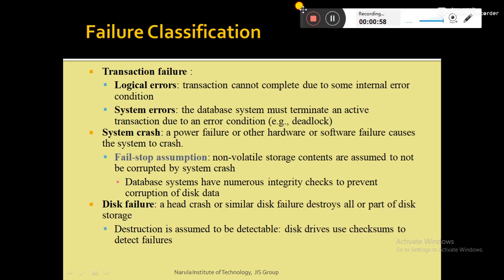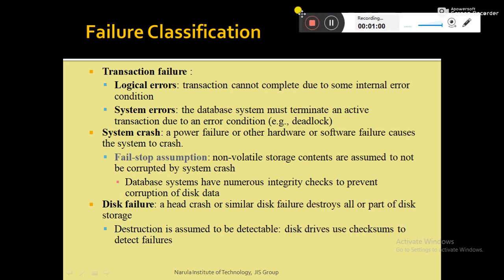Now, like any other devices, a computer system is subject to failure, and the failure may occur due to several reasons like system failure, disk failure, power failure, or software error. So due to all of this, a system may fail.